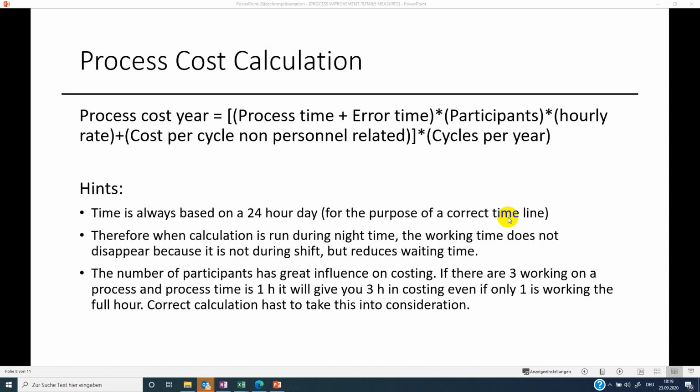So we are also considering times that are beyond the normal working day, because usually our working time is not ending if we're not at the assembly line or at a very standardized position. We may also have overtimes, and this needs to be captured in the process. And therefore, when you put in 1, it means 24 hours. That is important to keep in mind.